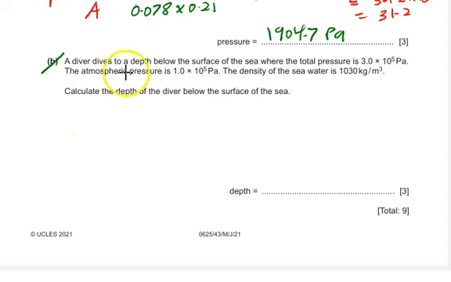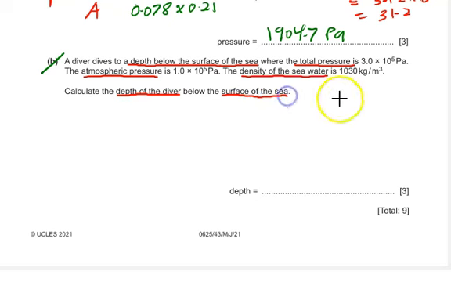A diver dives to a depth below the surface of the sea where the total pressure is this. The atmospheric pressure is already given here. The density of the seawater is 1030. Calculate the depth of the diver below the surface of the sea.